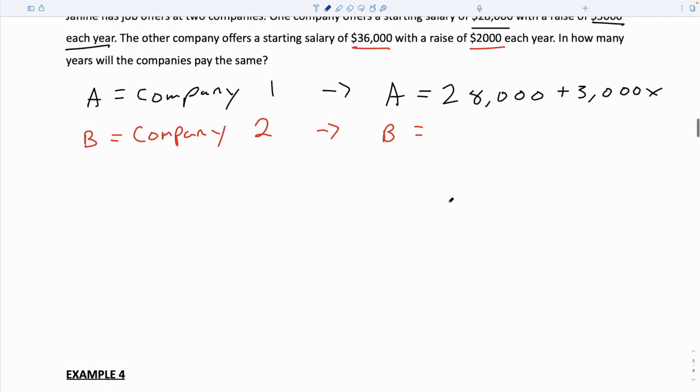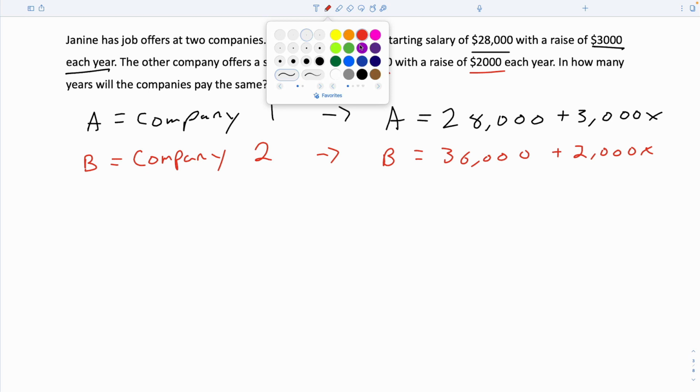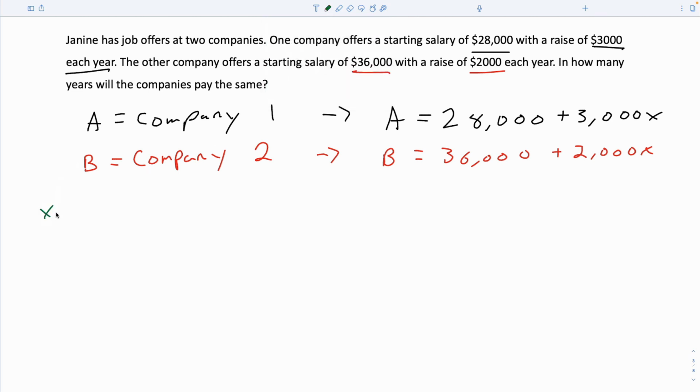What is the thing that's changing in company B's salary, Sarah? Instead of 3,000, even though it starts out a little bit higher, it doesn't add as much each year. So your X is going to be another thing we don't know. Let's jot down what X means. X is equal to the number of years. And X is what we're trying to find.